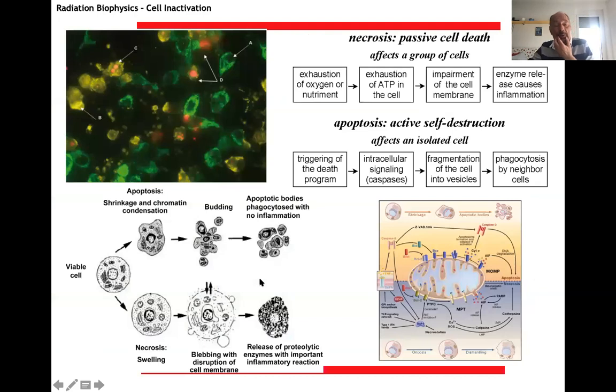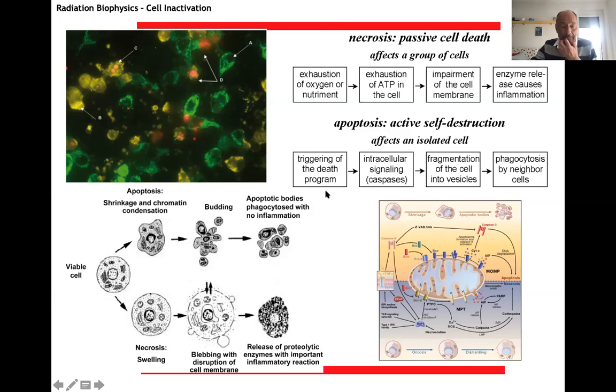And lastly, apoptosis. This is a comparison between necrosis and apoptosis. Necrosis, as I said, is a passive mechanism of cell death. Essentially, for example, if you have exhaustion of oxygen or nutrients, exhaustion of ATP, impairment of the cell membrane, and then you will have enzyme release that causes inflammation.